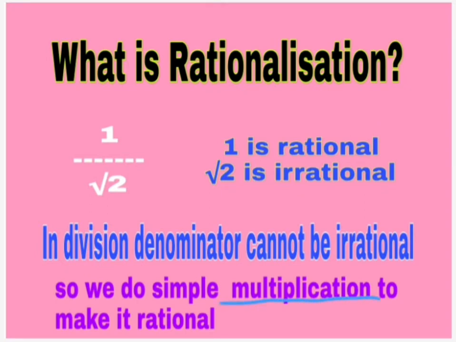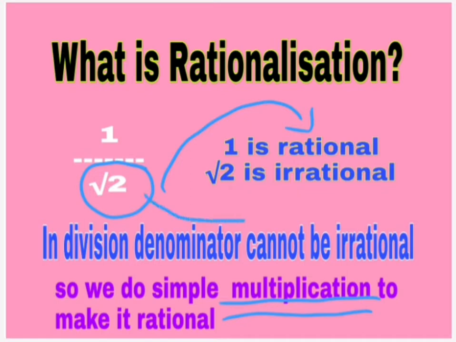We use the operation of multiplication to convert this irrational denominator into a rational number. Remember one thing, your numerator can be an irrational number, but the denominator should not be an irrational number. That's why we are doing a multiplication to convert this irrational number into a rational number.